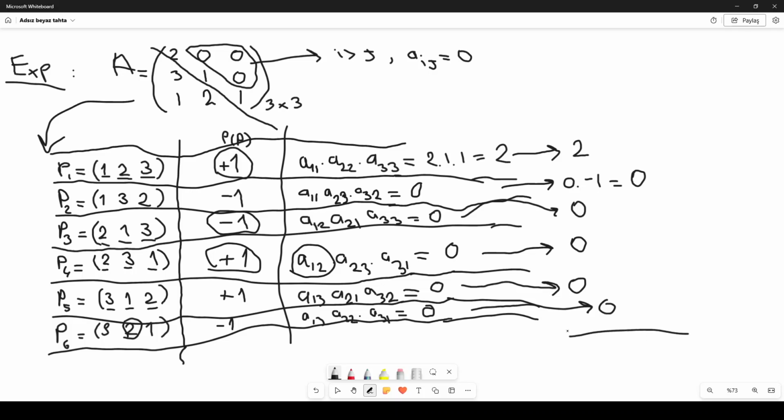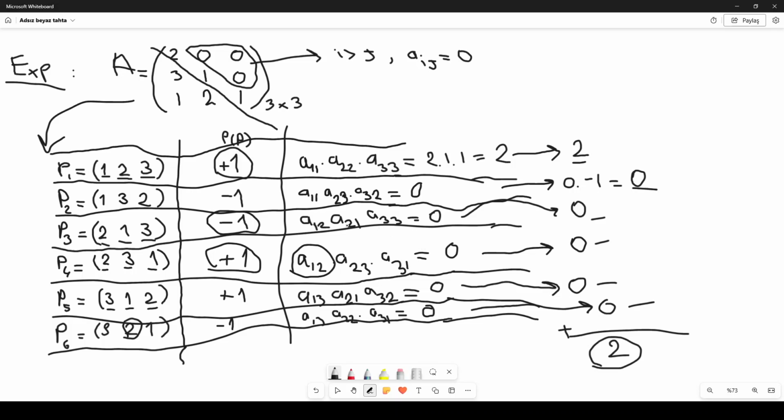So the last step is to sum up all these values that I found. 2 plus 0, 0, 0, 0, and 0 is equal to 2. Alright then, what kind of conclusion do I come to? Since we have a lower triangular matrix where all the values above the main diagonal are equal to 0, in this table, besides the first row, all other rows have at least one 0.